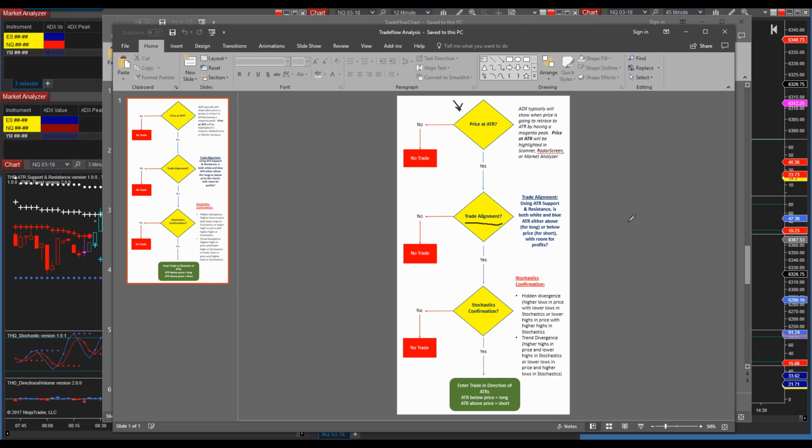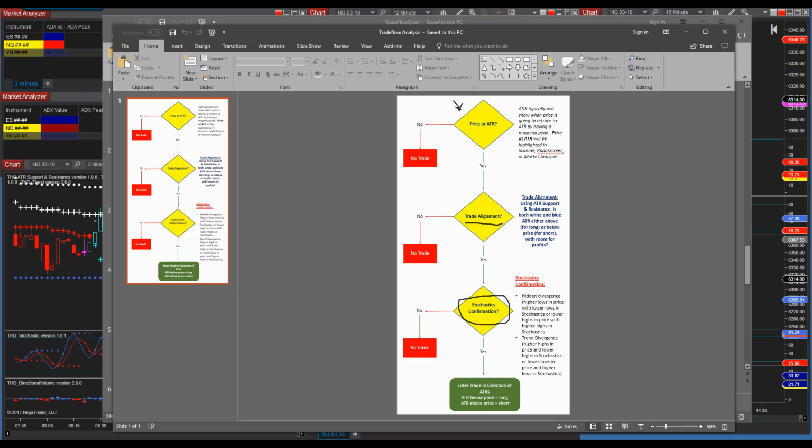Does everybody understand that? That means you have two plus signs below price, or you have two plus signs above price. And then you want the stochastics to confirm it. Now, this could be with trend divergence or hidden divergence. And this is just a simplified method for those of you that are getting accustomed to the THD indicators.